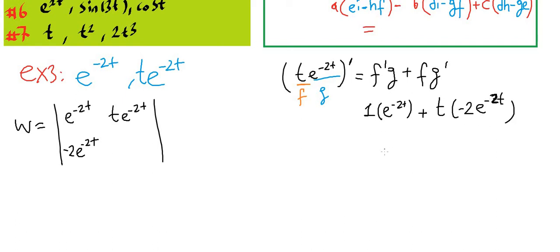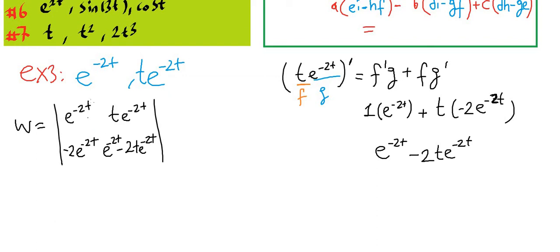So if we simplify, we obtain e to the negative 2t plus, let's use the negative sign, negative 2t e to the negative 2t, because positive times negative will be negative here. So the derivative here will be e to the negative 2t minus 2t e to the negative 2t.